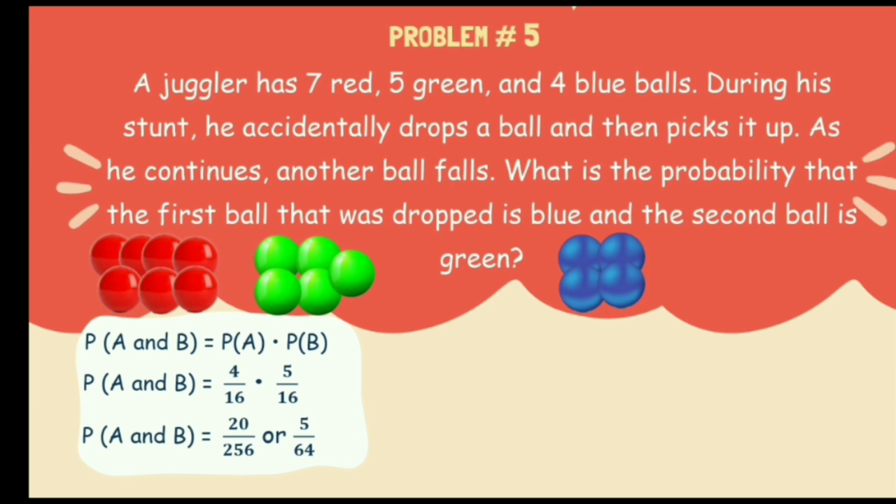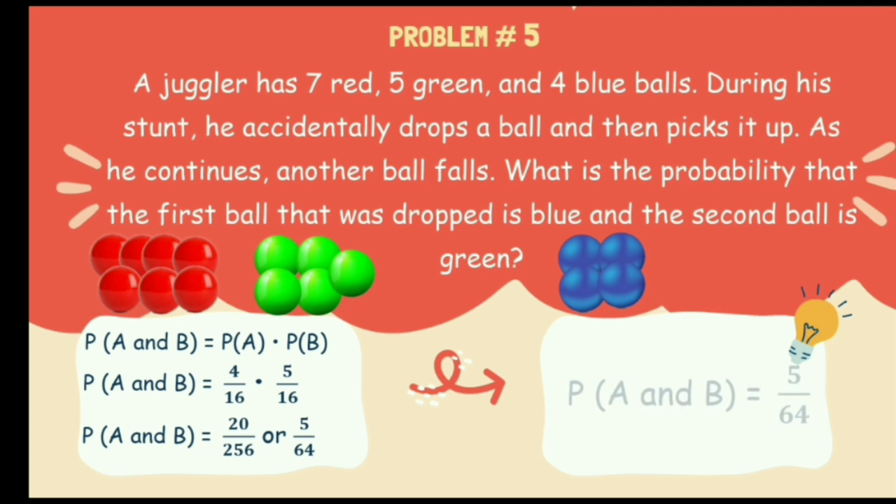So the answer is 20 over 256. We can divide both numerator and denominator by 4 to get the simplified answer, which is 5 over 64. Therefore, the probability that the first ball that was dropped is blue and the second one is green is 5 over 64.